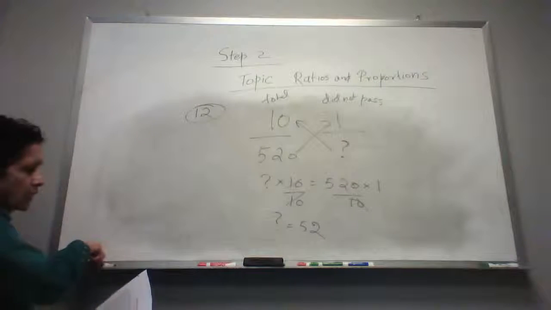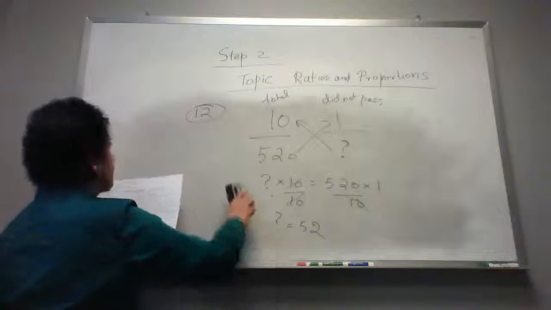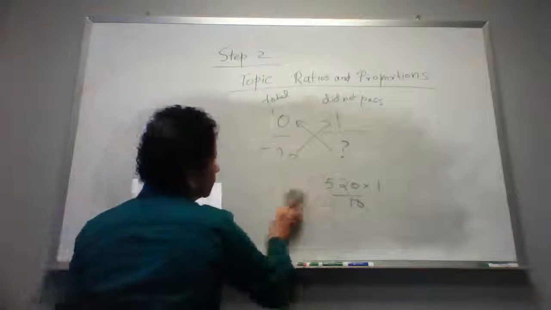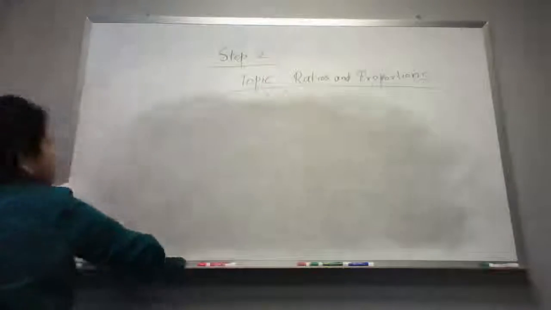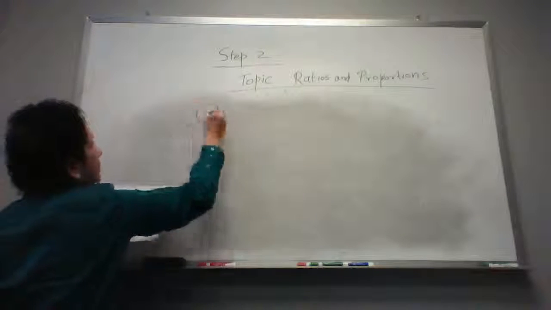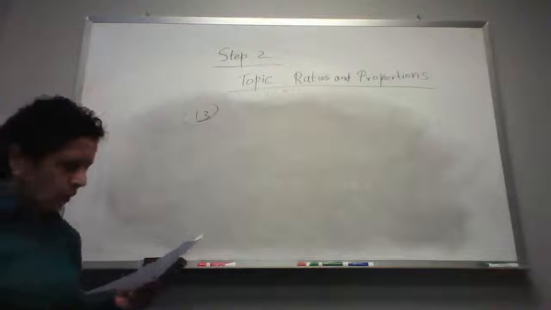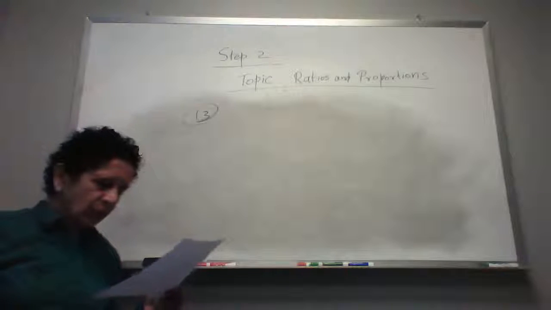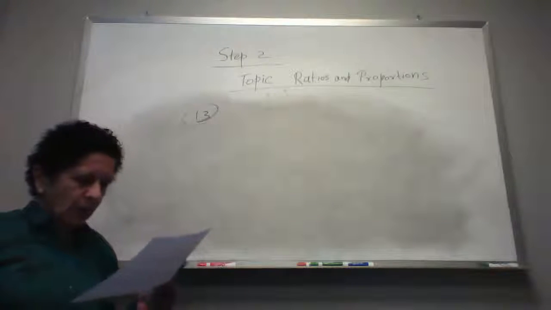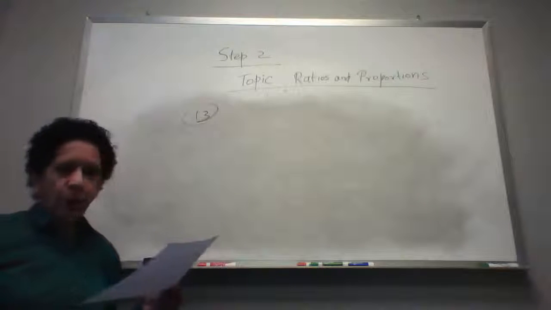Okay, so now let's move on to the next problem, problem number 13. Anne worked 37 and a half hours per week and earned $375. How much did she earn per hour?